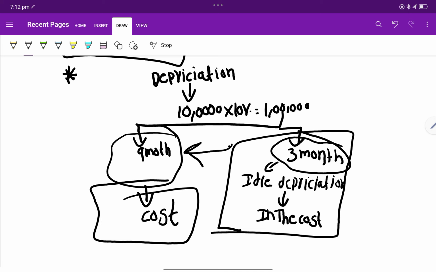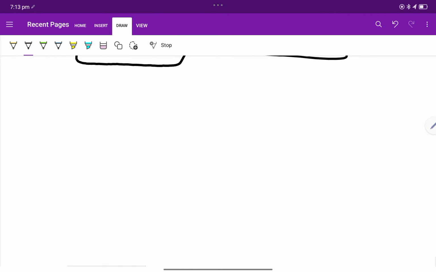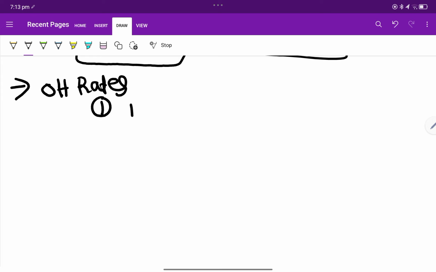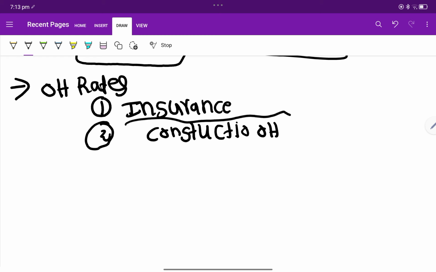Next, the costs that are required to be apportioned based on some overhead rates, that is general insurance cost. Next one is construction overheads. What are the construction overheads?